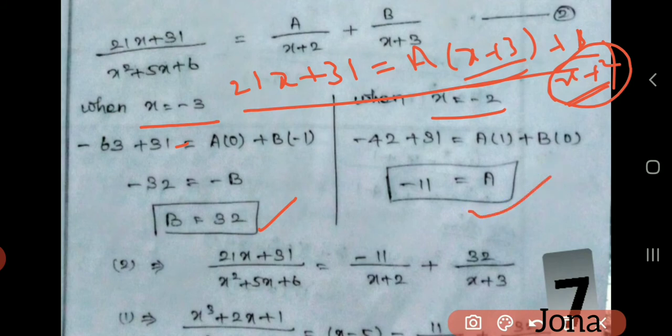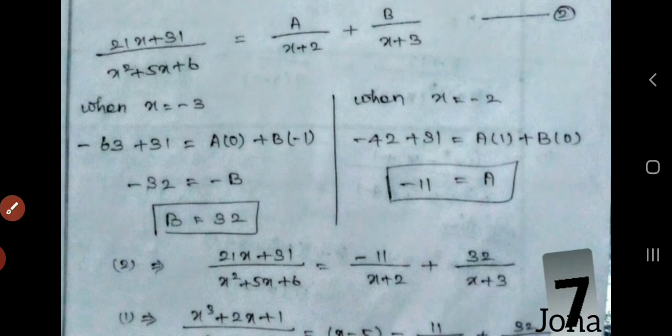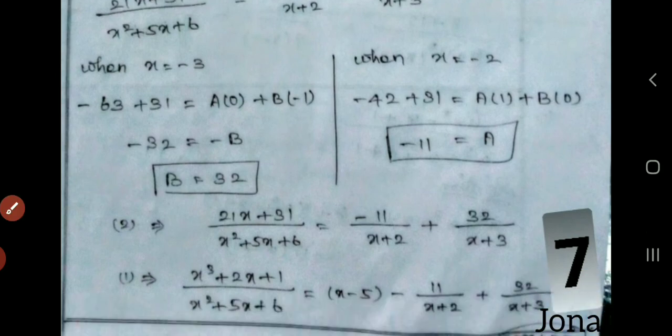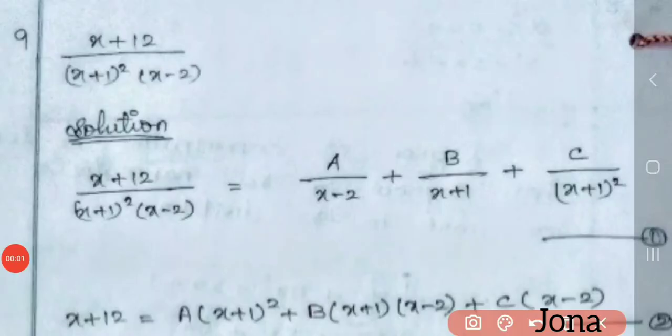Now we can substitute this value of A and B in the partial fraction format here. And finally, we can write the answer like this. This is the quotient what we got from the division, and here the value of A and here the value of B.